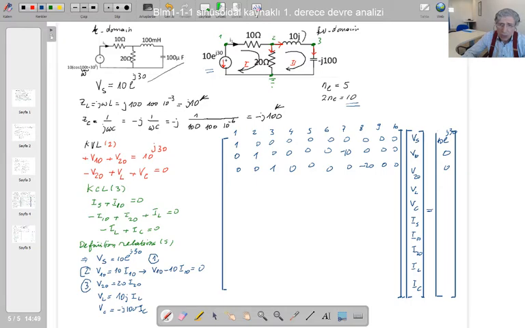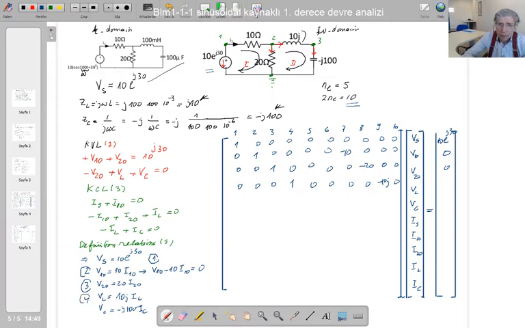Fourth one, VL is the fourth one, 0, 0, 0, VL is 1, minus 10J, that is IL, the second one from the last, so this is 10 minus 10J here, 0, 0, 0, 0, 0. So this is the fourth equation.